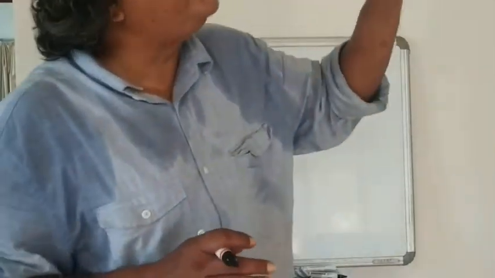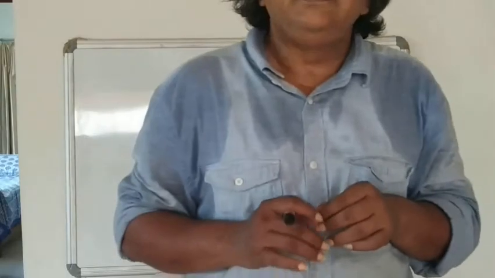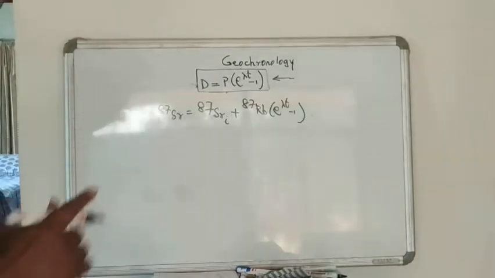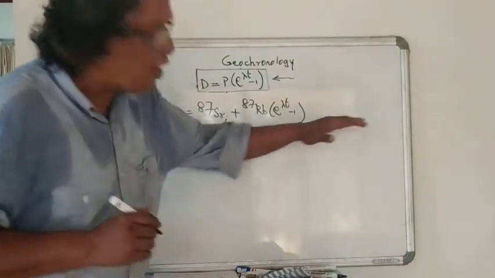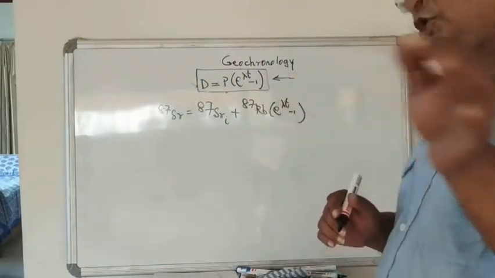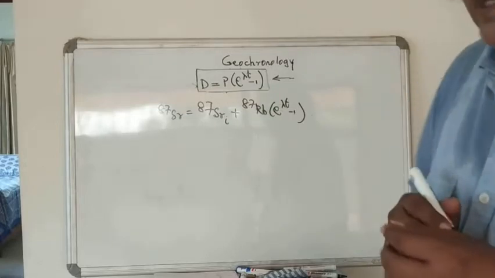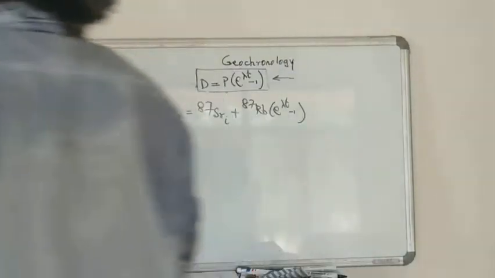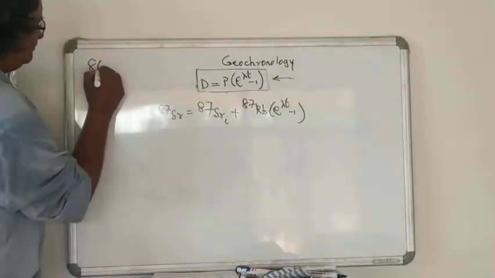Instead of measuring the abundance of the element, it is better to measure the abundance of a ratio. So what we do normally is, in this, you divide it by a common divider. That means that number should not change with time. And one convenient isotope is 86 strontium.